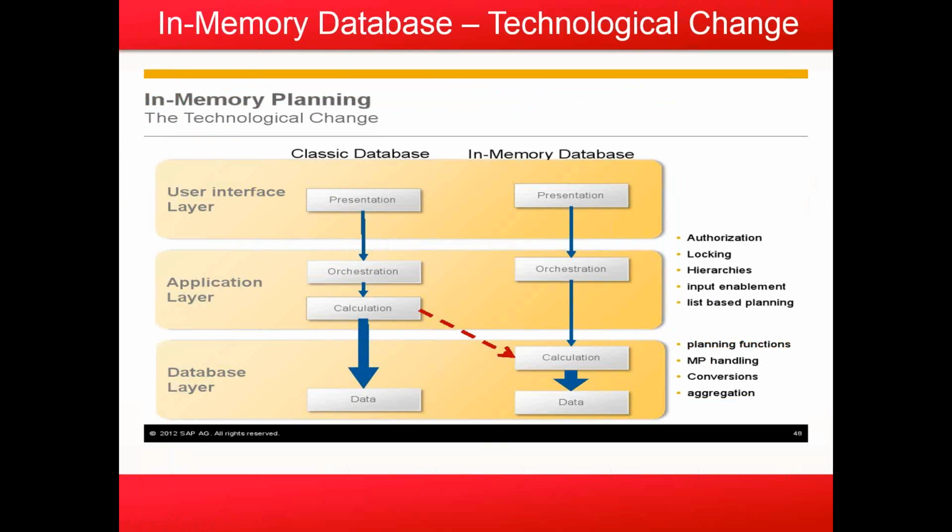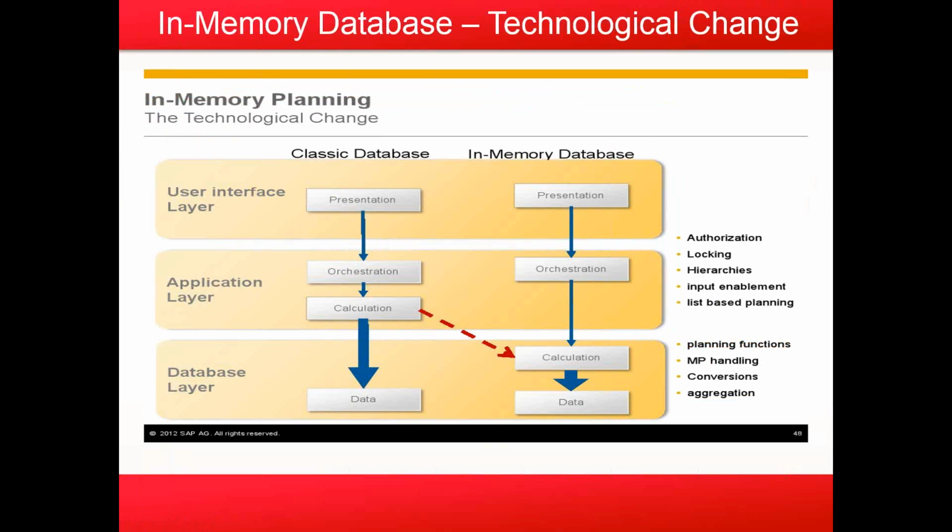Okay, so this is a different type of representation of the same thing that we discussed in the last slide. All the application logic, aggregation, conversion, or any changes to the existing data can be done on the database layer itself. You don't need to create an additional interface between the database layer and the application layer, because the application layer earlier used to access data on an on-demand basis, and then it had to fetch data from the disk into the memory as and when required.